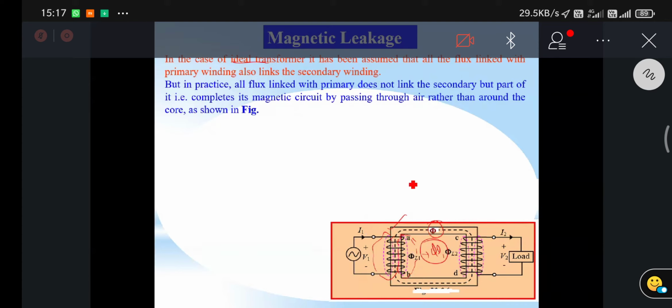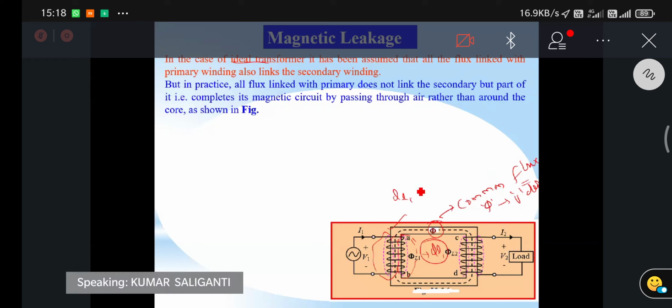Generally, this is the common flux, which is always voltage dependent. The pi L1 and pi L2 fluxes are current dependent, because whenever the load is connected, the current passes through the winding and produces pi L1 and pi L2.